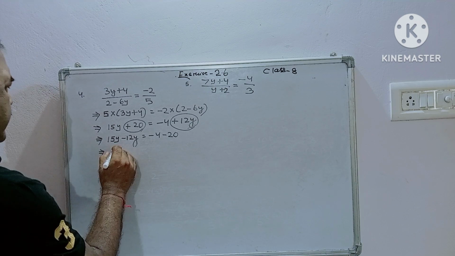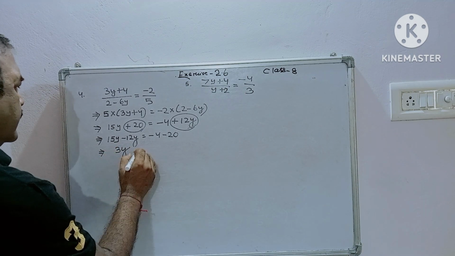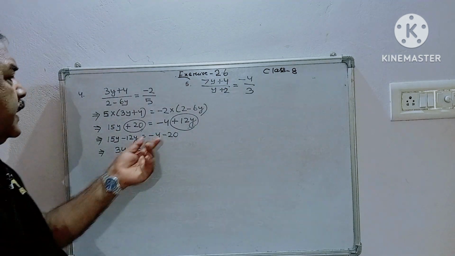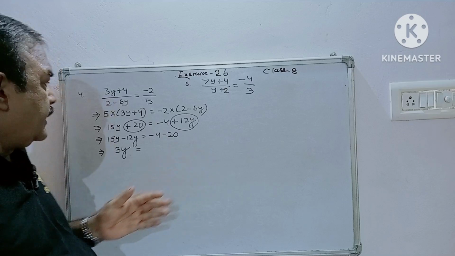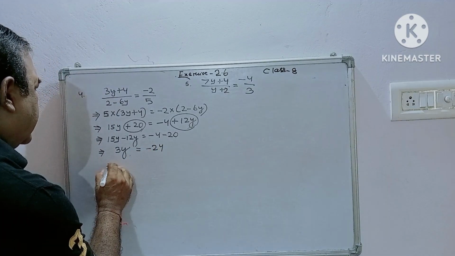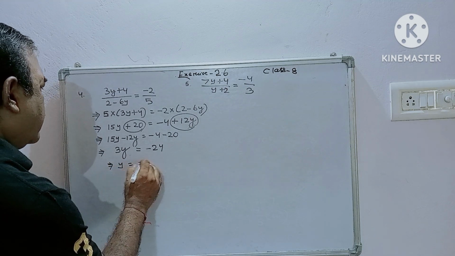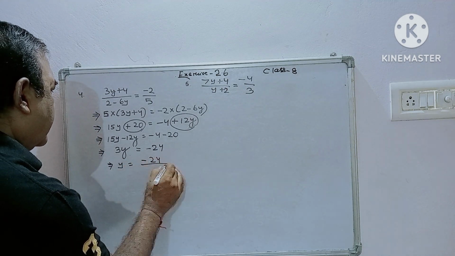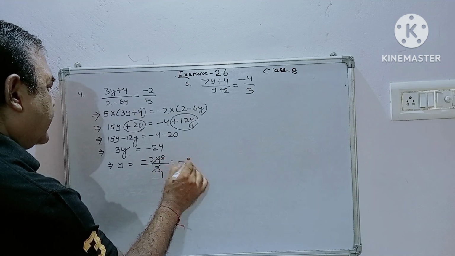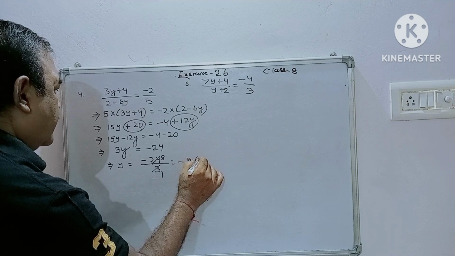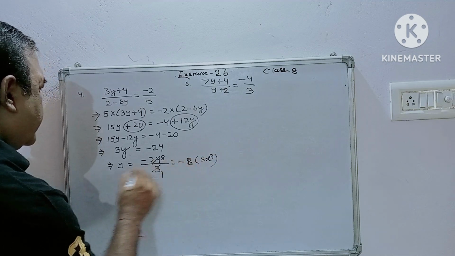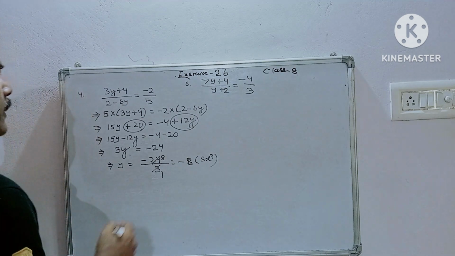That is 3y is equal to minus 4 minus 20, that is minus 24. That implies y is equal to minus 24 upon 3, 3 eights are 24, that is minus 8. So this is the answer, or this is the solution. We got the definite value of the variable y, and we will move to this.